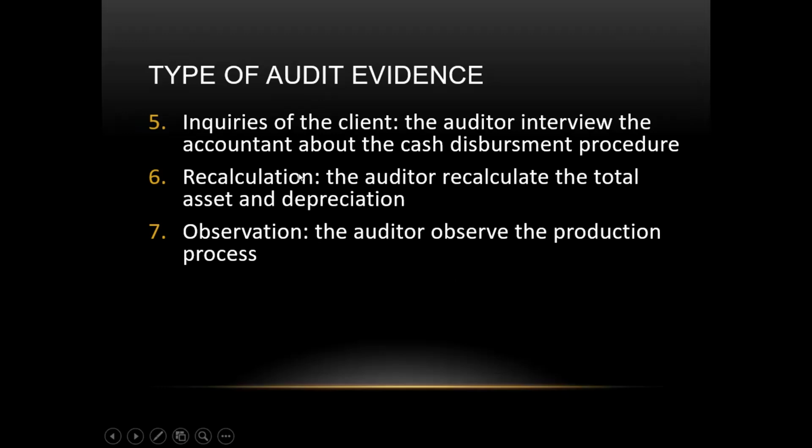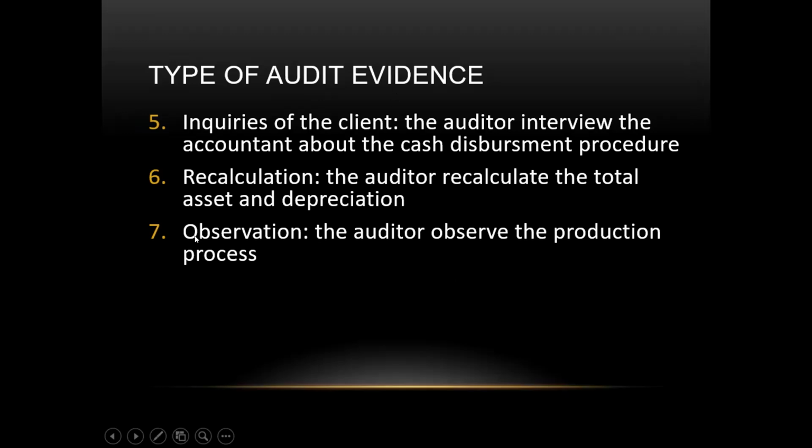And the next one is recalculation. If the auditor recalculates the total assets and the depreciation or other accounts, like probably the cash disbursement, that would be one type of audit evidence.